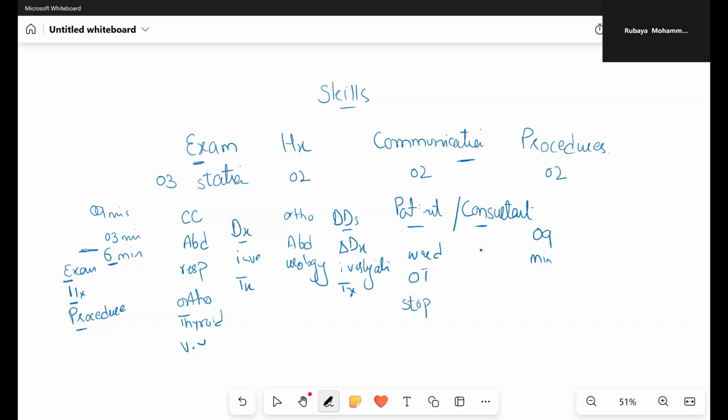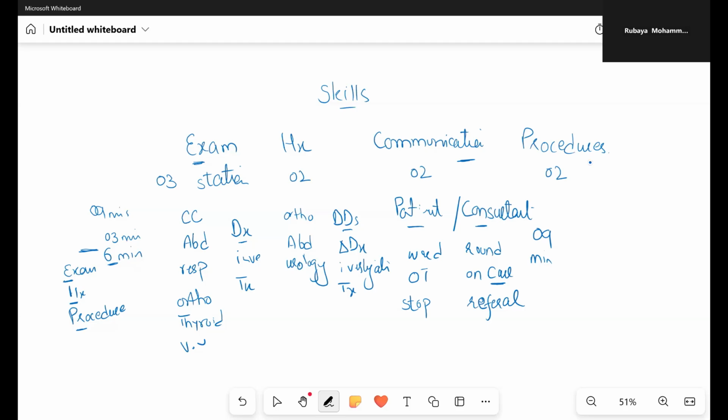Similarly, with the consultant, it's like on the ward round. You have to present your case to the consultant, or tell your case to the on-call consultant on phone, or make some referral to another hospital or another department's consultant. It's just like that.